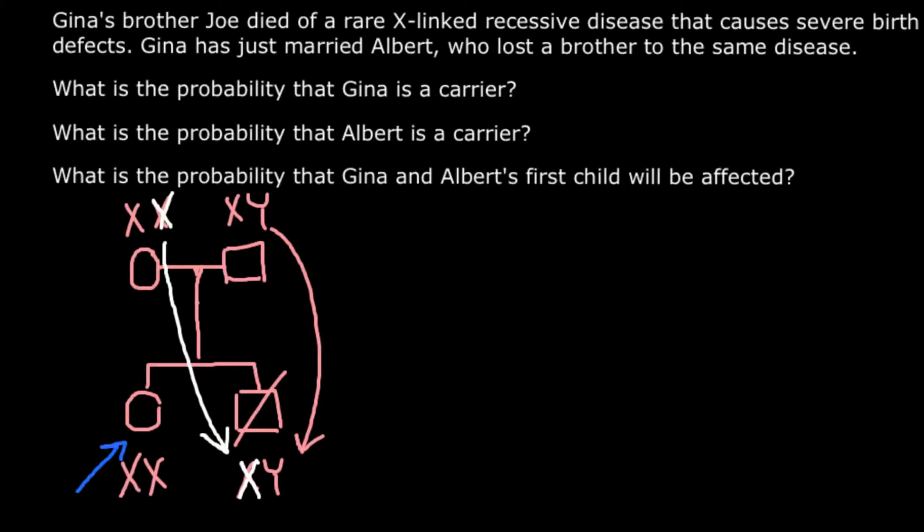So now we know the genotype of her brother Joe. We know that the genotype of her father is normal, and now we know that Gina's mother is a carrier. We also know that Gina got one X chromosome from her father, and another X chromosome from her mother.